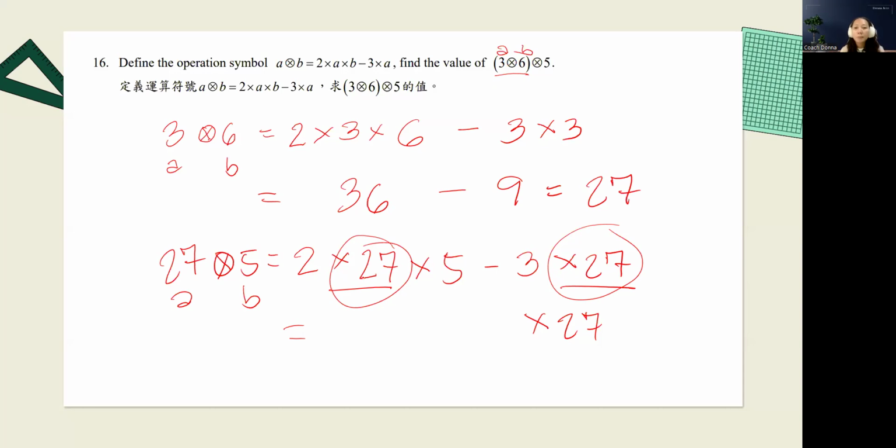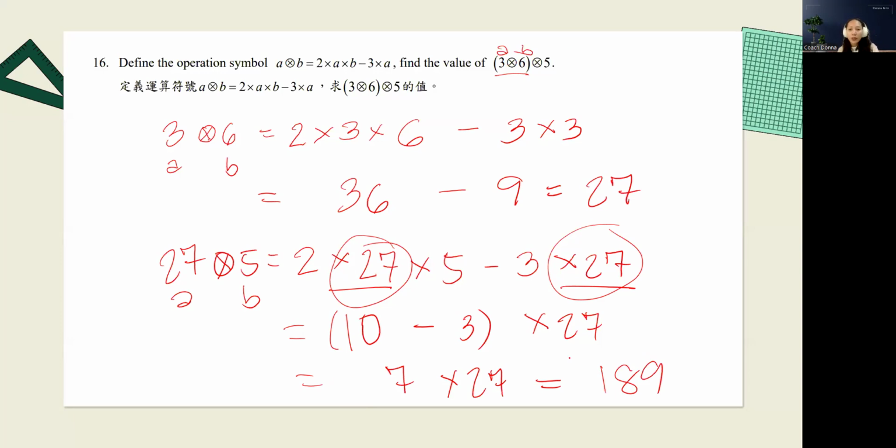So 2 times 5 is left, so that's 10, minus 3. Put that inside the parentheses. 10 minus 3 is 7. Multiply it by 27. 7 times 27, you'll get an answer of 189. So the answer should be 189. All right.